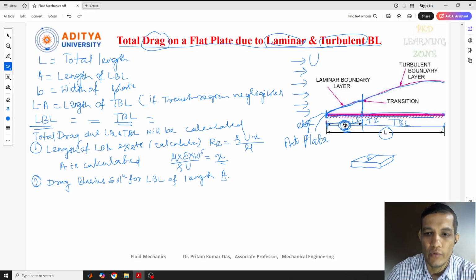Anyway, x and a we can consider as the same. So we need to find the drag by using the Blasius solution for this laminar boundary layer over a length of a. So that is the second point.